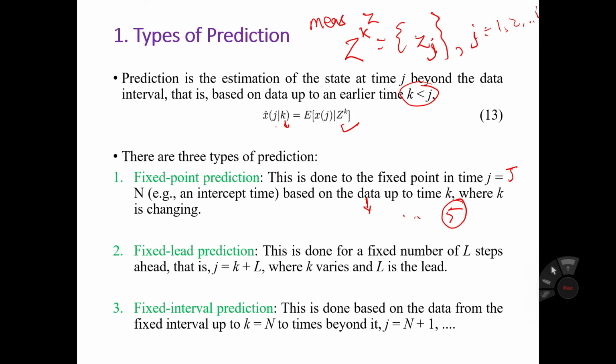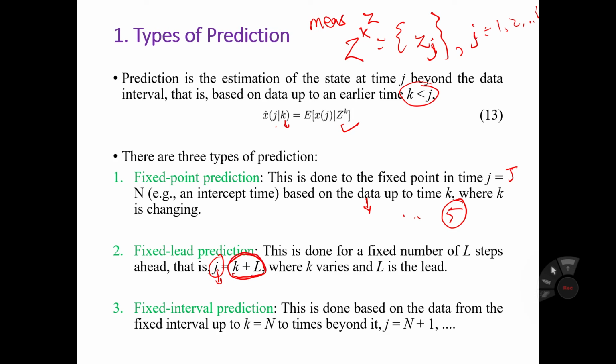And fixed lead prediction is done for a fixed number of L steps ahead. Ahead means lead, which leads the k. So here, for example, L is the lead, then L is leading the k. So j will be equal to, this is the fixed lead scan, fixed lead scan equals k plus L, where k varies and L is a lead.